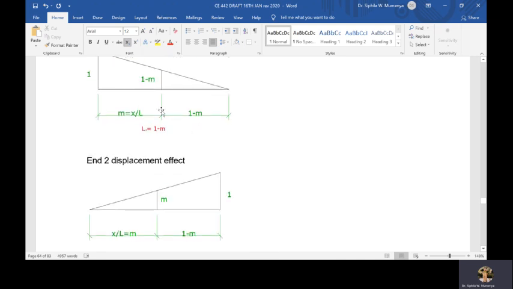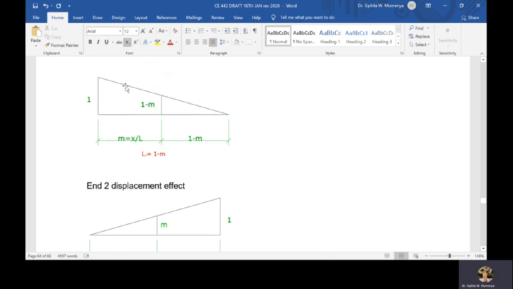So if you look at these two diagrams, where I give end 1 a unit displacement, I'll find my displacement at the distance m there given as 1 minus m.